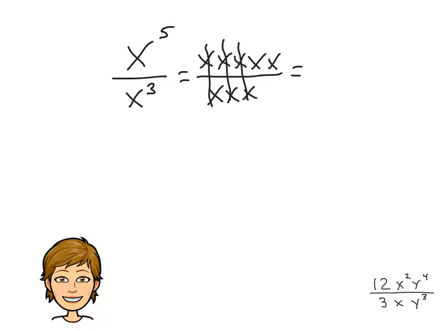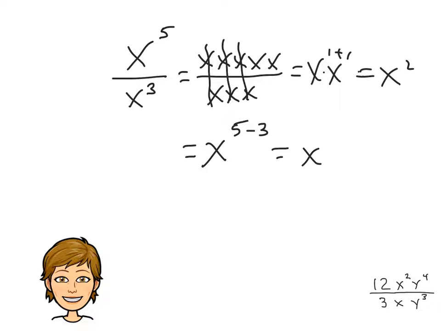So all I have left is x times x. Well, that's x squared, right? And so I can see that instead, if I have this equals x to the 5 minus 3, that is equal to x squared. So now let's try something a little bit more substantial.